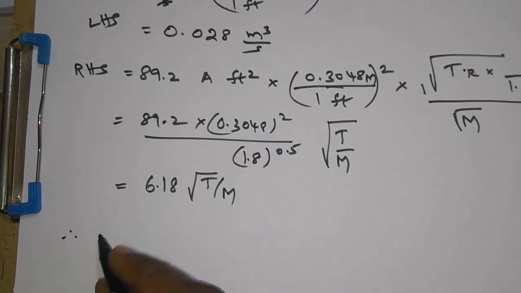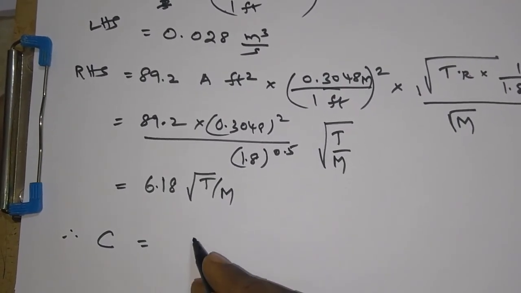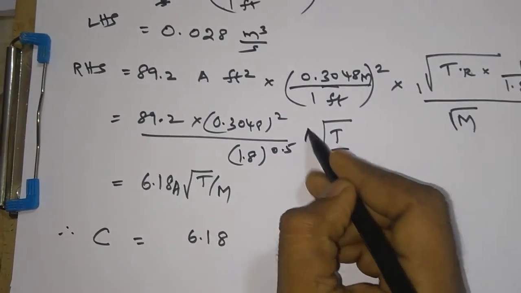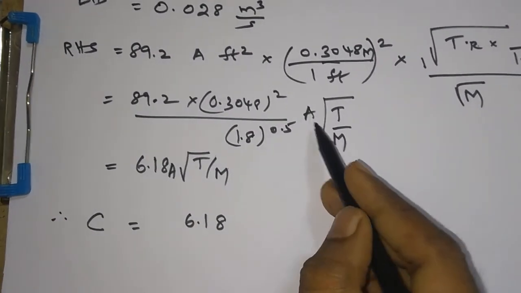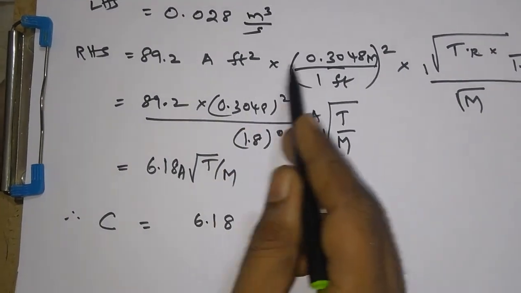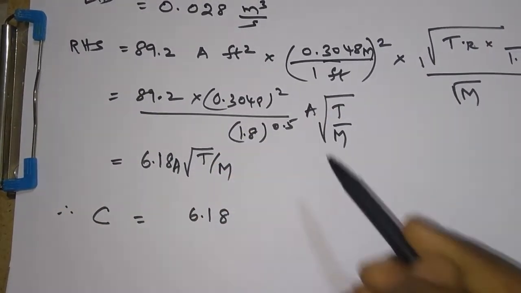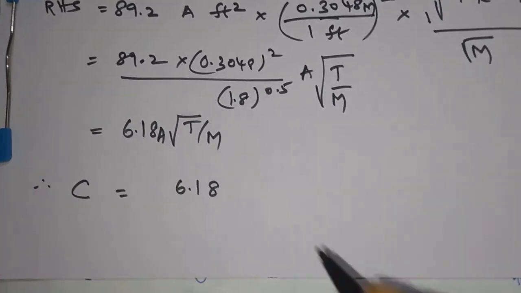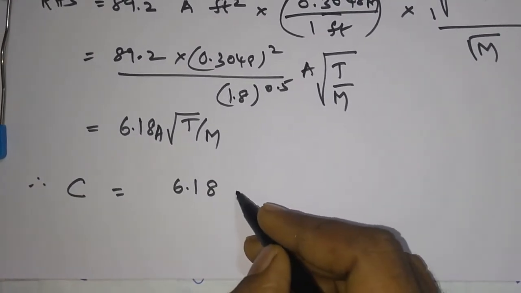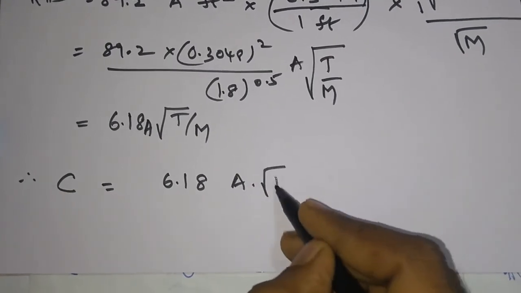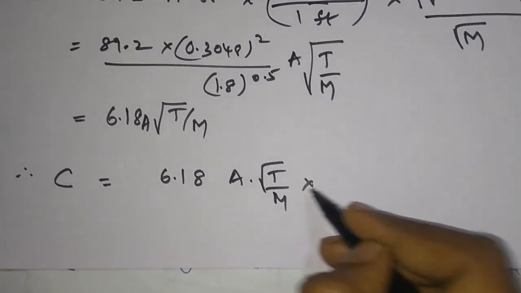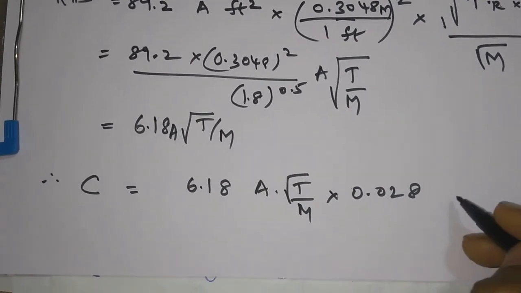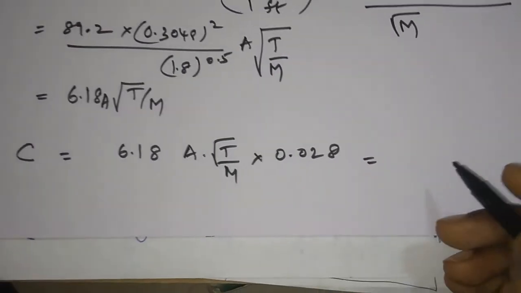So therefore C is equal to 6.18, C is there. Area is there. Okay. Only we are converting the unit of area. 6.18 A into 0.028 will give me the final answer we will get.